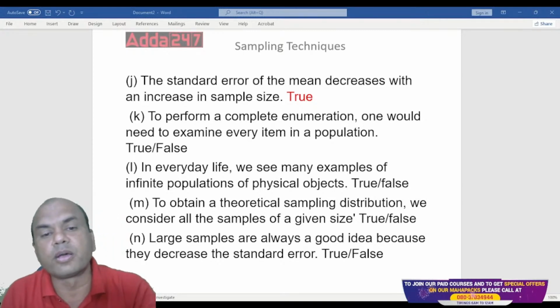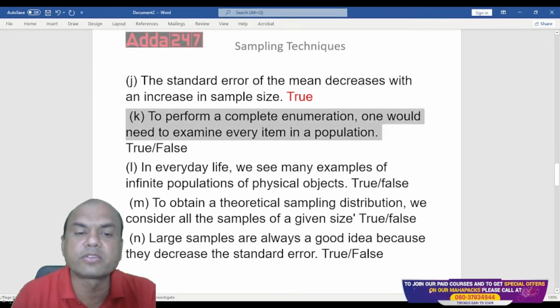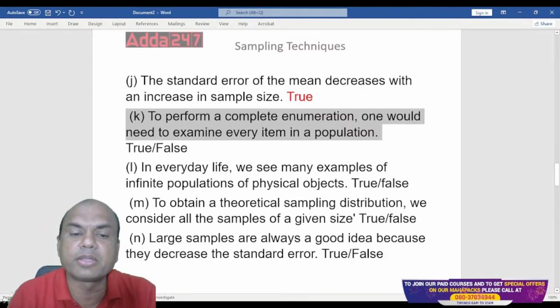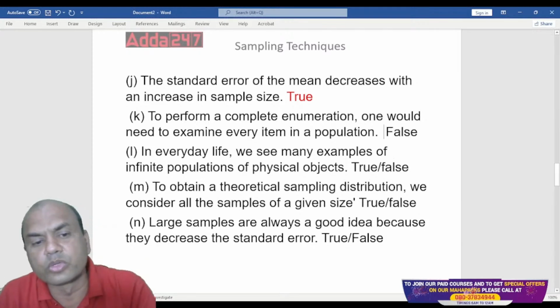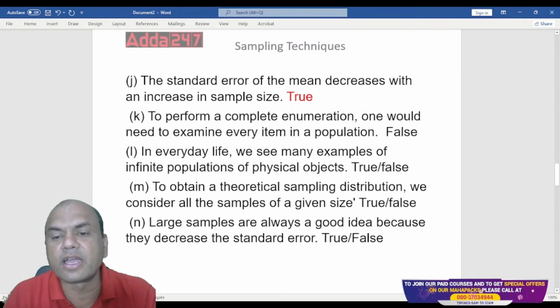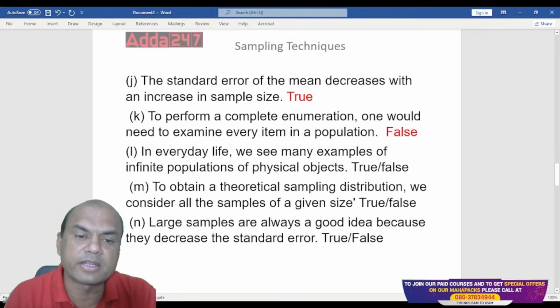So to perform the complete enumeration, one would need to examine every item in the population. So that is false. You need not do the enumeration or the survey of each and every element.